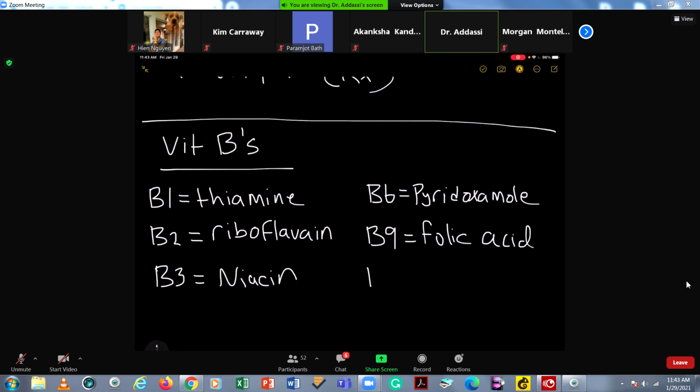And then B12. Cyanocobalamin. It's a long one, so I'll write it down here. Cobalamin.